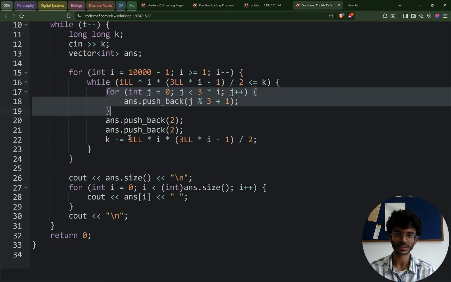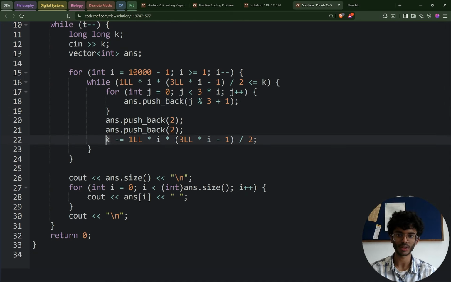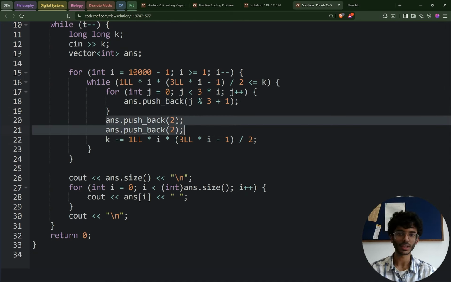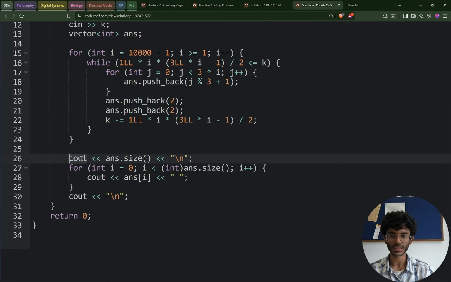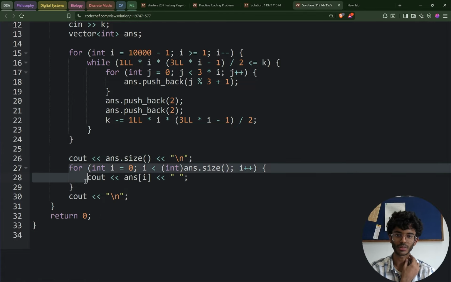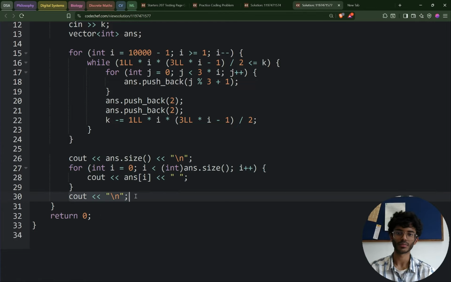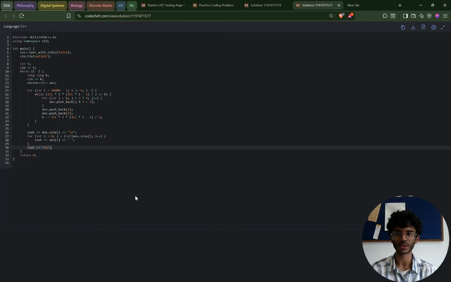We'll subtract this AP summation from k. We'll append back 2 inside our answer to account for the non-overlapping cases. And in the end, we'll print the size of our answer and we'll also print our answer vector. And yeah, this is pretty much the whole solution.